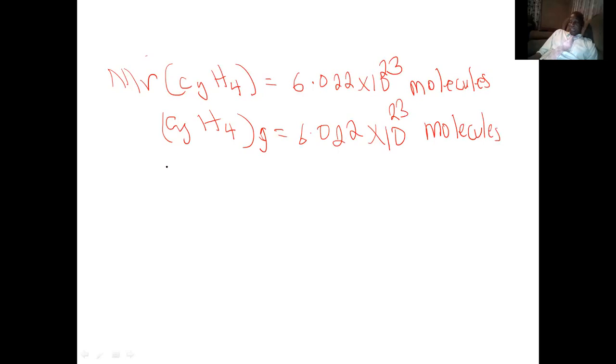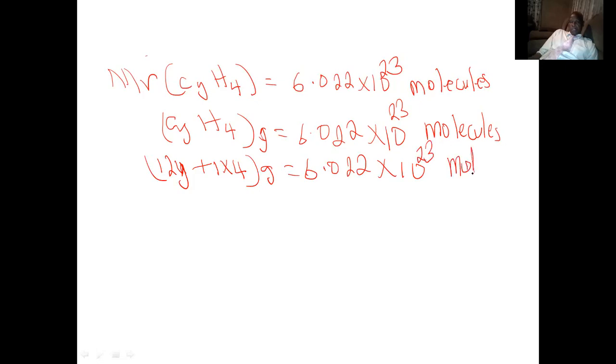And therefore, we can find that this is 12y, you are getting the relative molecular mass, plus 1 multiplied by 4 grams, which gives us 6.022 multiplied by 10 to the power 23 molecules.